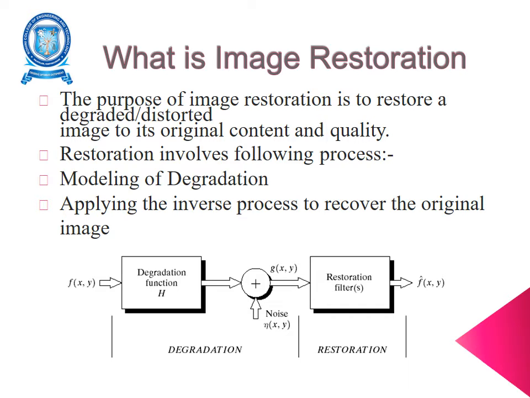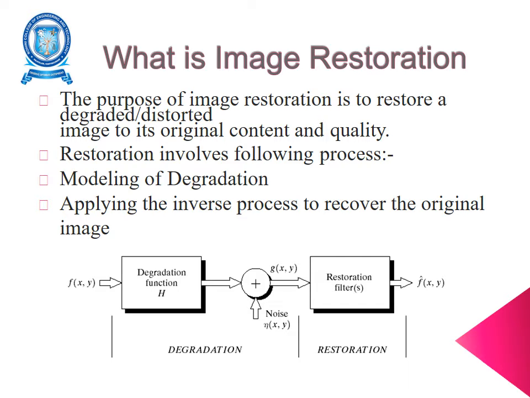Then it is given to the degradation function h, and this is the model of degradation. Now we are going to apply the inverse process to recover the original image. We can see that the noise eta of x comma y is added, and it provides an output, that is g of x comma y, which is then given to the restoration filter.